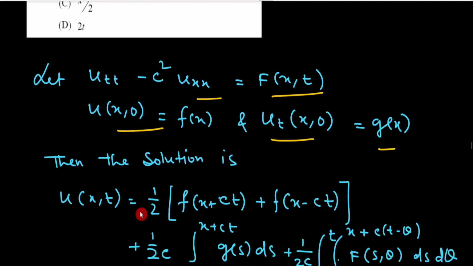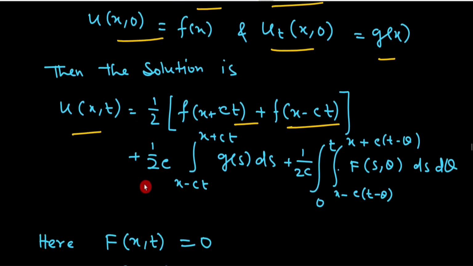is u(x,t) equal to half into f(x plus ct) plus f(x minus ct), plus 1 by 2c integration from x minus ct to x plus ct of g(s) ds, plus 1 by 2c integration from 0 to t, double integration from x minus c(t minus theta) to x plus c(t minus theta) of f(s, theta) d theta.